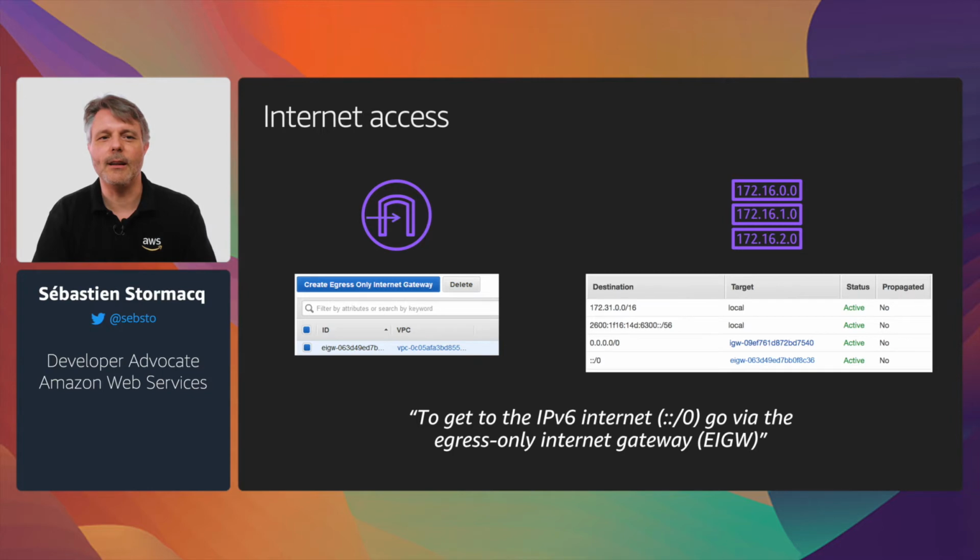You can create an egress gateway, attach it to the VPC, and change the routing table just like with the internet gateway. Pay attention to the last 2 lines of this routing table on the right side. If it is an IPv4 address, we are sending the traffic to the internet gateway. If it is an IPv6 address, we send the traffic to EIGW, the egress-only internet gateway.